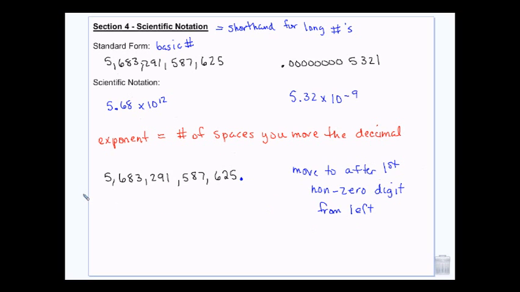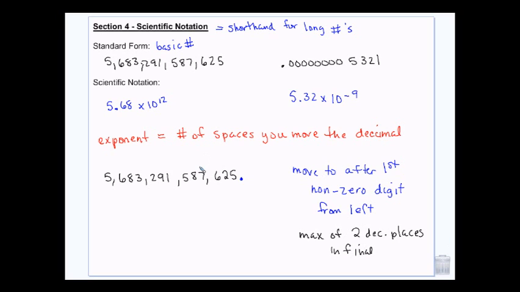Okay, so we always move the decimal to after the first non-zero digit counting from the left. Does that make sense? And because we're doing a shorthand, we do a maximum of 2 decimal places in the final.